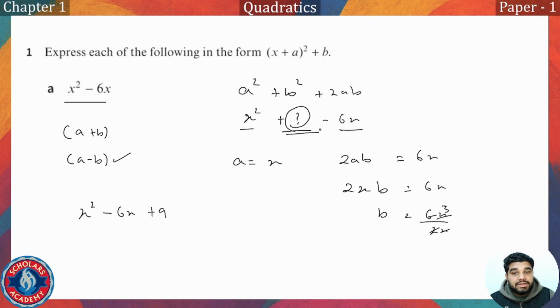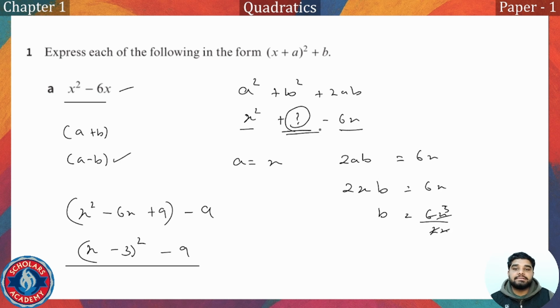But to keep the equation the same, I will subtract 9 from here. Okay, the equation is the same as before, but we added 9 and we subtracted 9. We are just changing the form of the equation. So now this is my formula of whole square. So I will do x minus 3 whole square minus 9 is what I need.